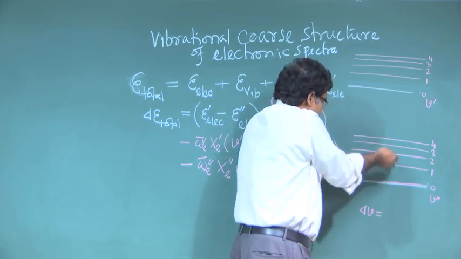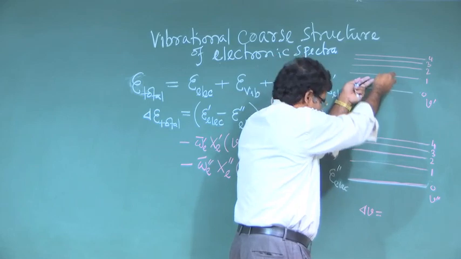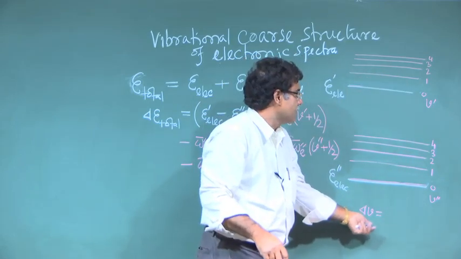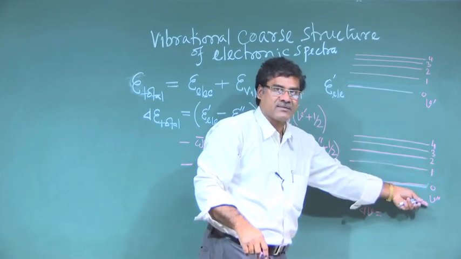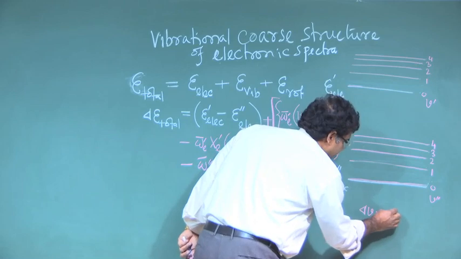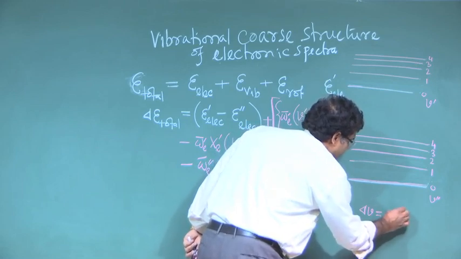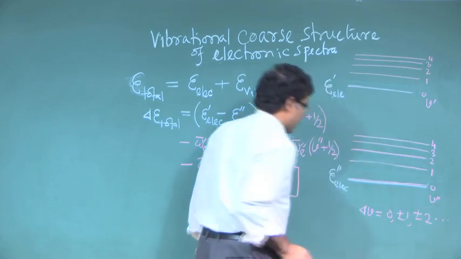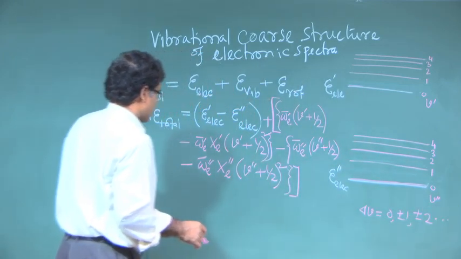It's one electronic state to another electronic state. So del V is basically V dash minus V double dash, okay. So that will be 0, plus minus 1, plus minus 2, etc.